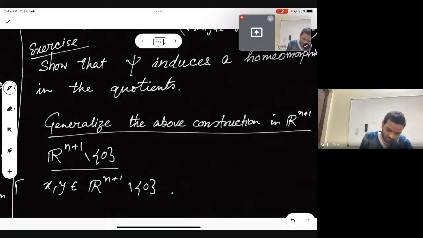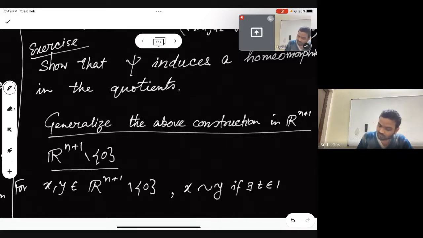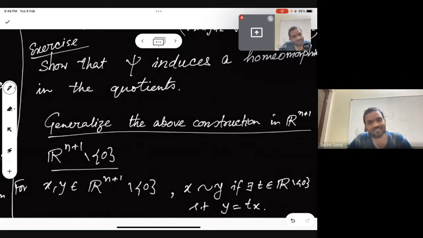For x, y in R^(n+1) minus the origin, you give a relation if there exists t in R minus the origin such that y equals tx. Y equals tx gives you a line, so each equivalence class will be a line.